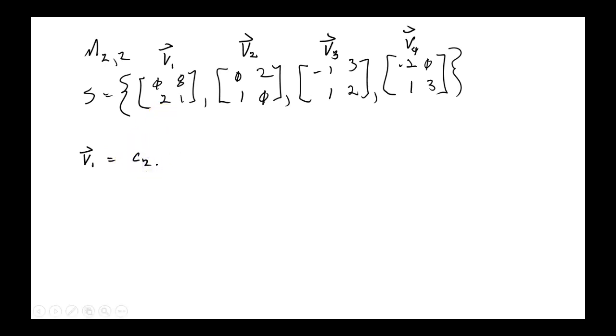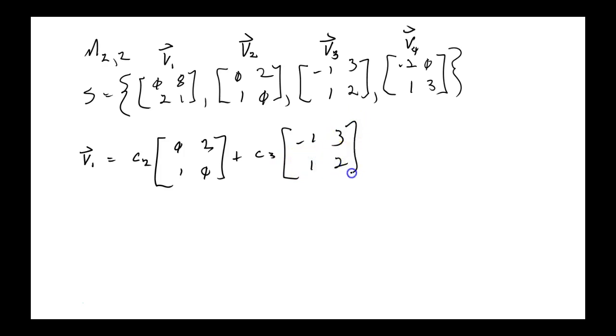You don't have to, I'd just like to call it that. C2 times (0, 2; 1, 0) plus C3 times (negative 1, 3; 1, 2) plus C4 times (negative 2, 0; 1, 3).